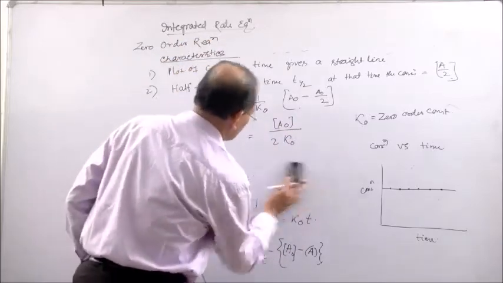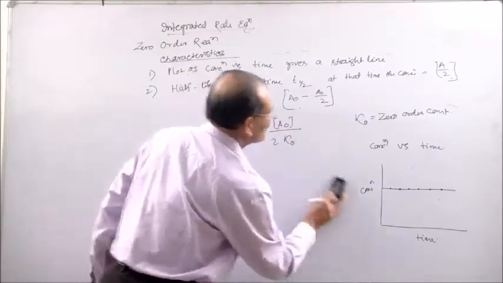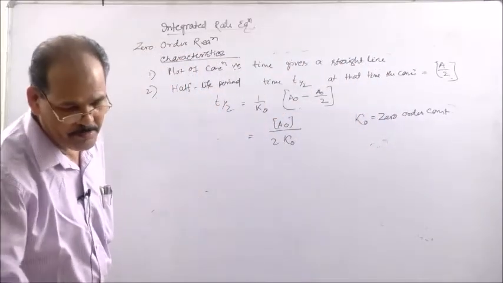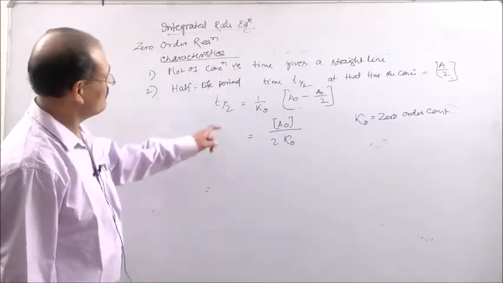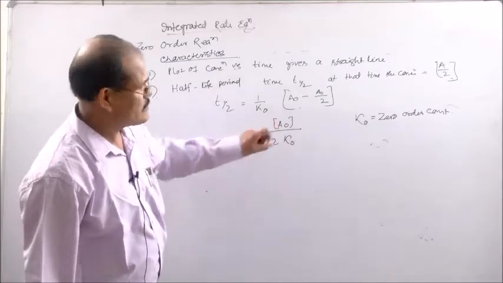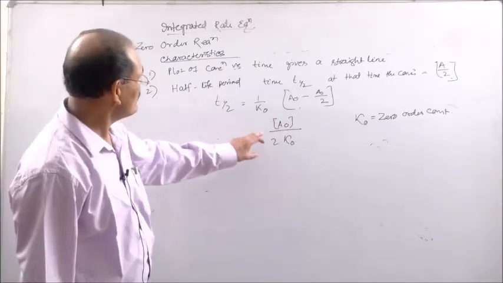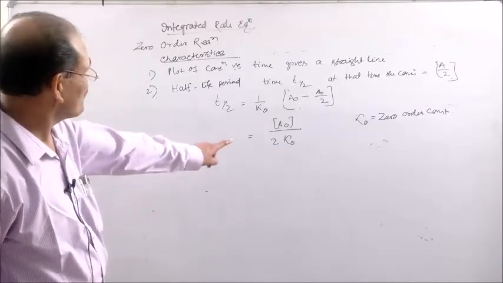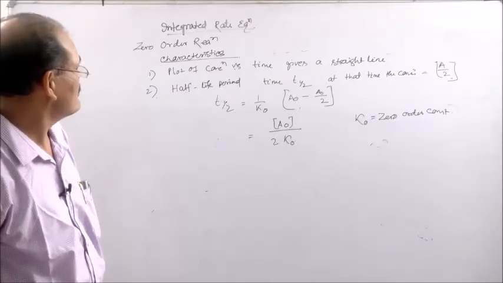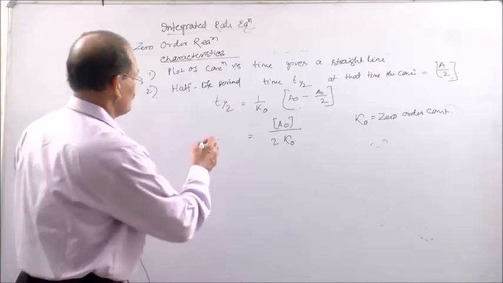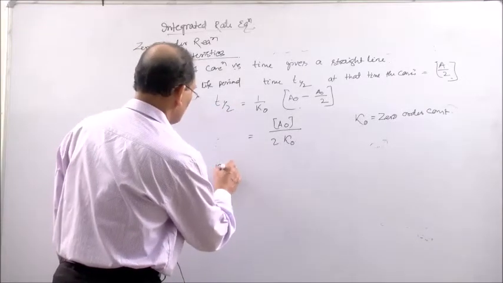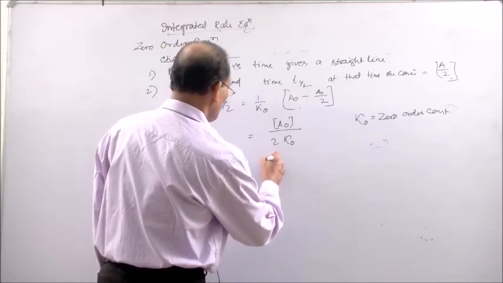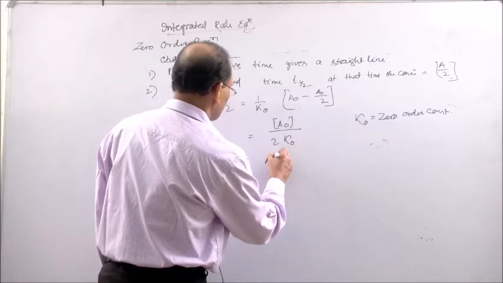So you see that the half-life period is directly proportional to the initial concentration, and the rate constant K0 is inversely proportional to the half-life period.